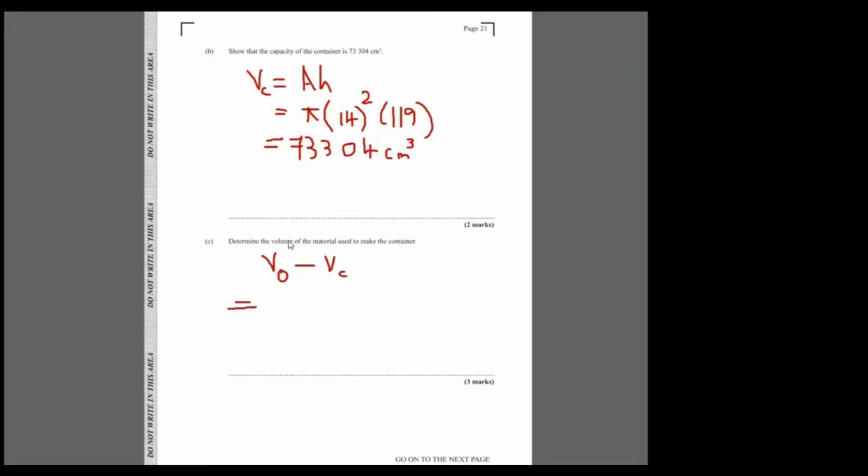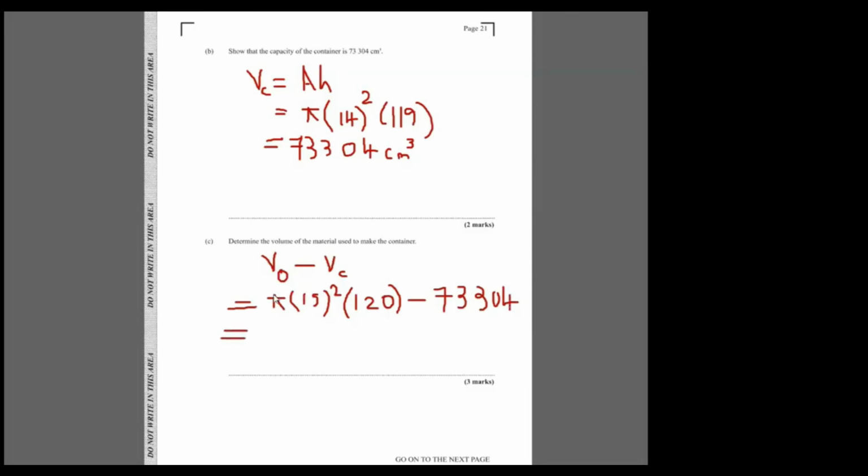So that is equal to the volume of the whole thing, which is pi r squared times h. Here r is 15, so pi times 15 squared times h. The height of the whole thing, which we saw, was 120. And then we're going to subtract the inner volume, which tells us the capacity of the container, 73,304.